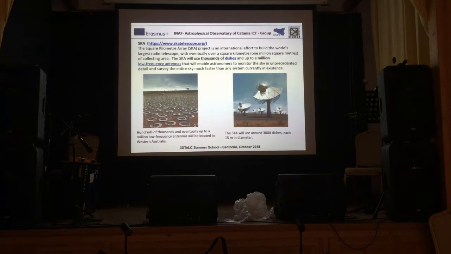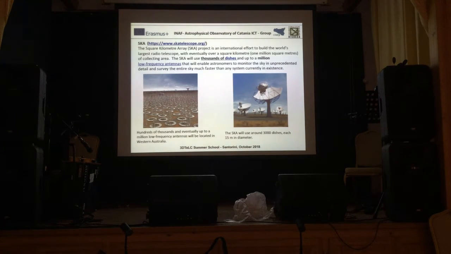I don't know if some of you know this project. It is the so-called Square Kilometre Array, a unique telescope. You have to imagine a unique telescope that starts from South Africa and finishes in Australia.